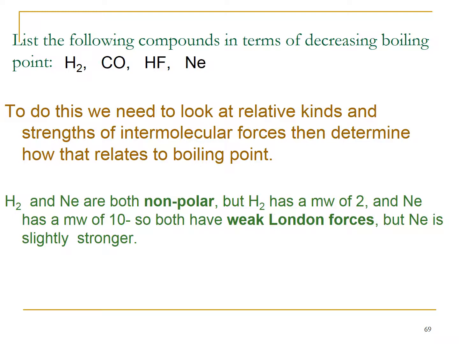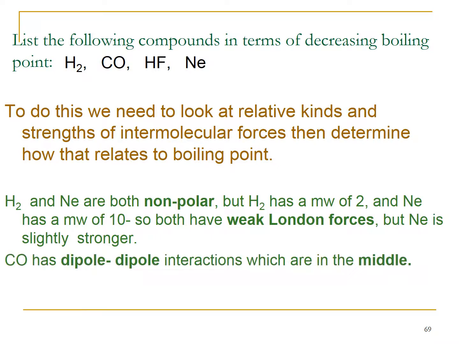H2 and Ne are both nonpolar, so you wouldn't necessarily be able to determine which one is greater, but now we know the London dispersion: the bigger the molecule, the stronger the London dispersion forces. So hydrogen has a molecular weight of 2 and neon has a molecular weight of 10. So actually neon has a little bit stronger London forces because it's bigger.